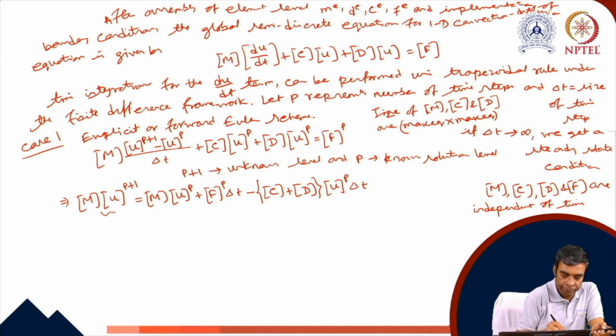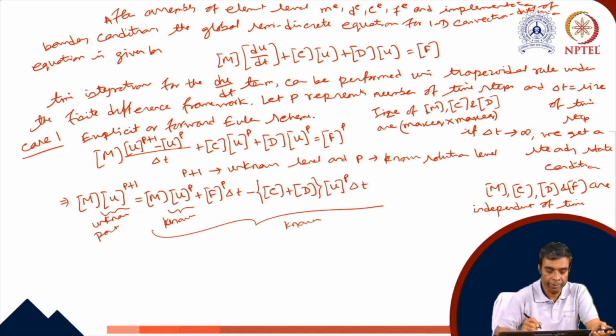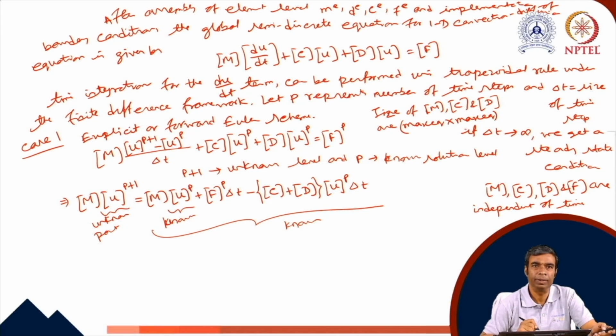So here this is the unknown part on the left hand side. We have all the known solutions on the right hand side. So the entire right hand side is known.